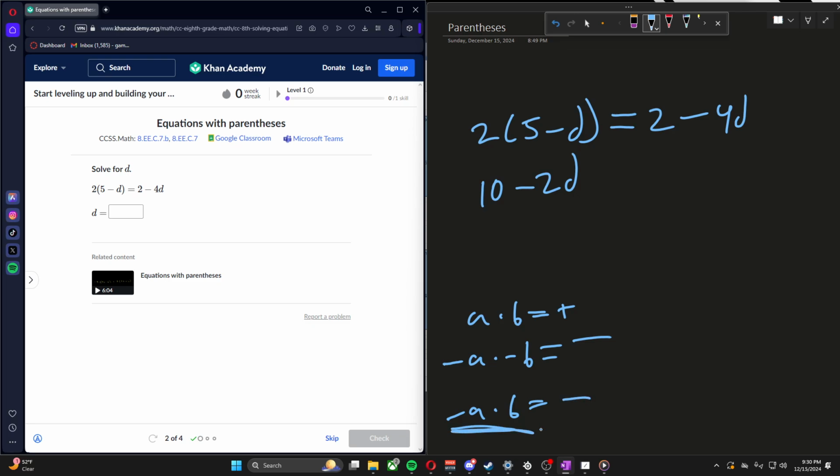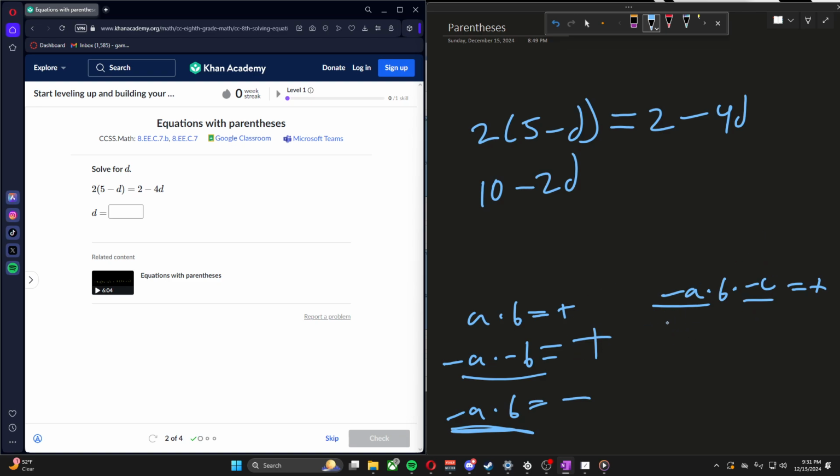If you have negative a times b times negative c, since there's two negatives, it will turn into a positive, since a negative times a negative we already know is a positive. My apologies for saying that this would be a negative. It's a positive.